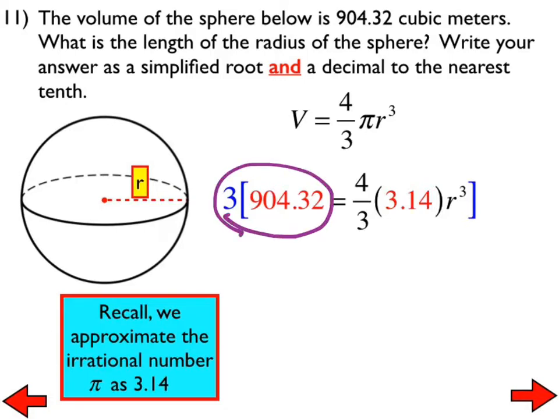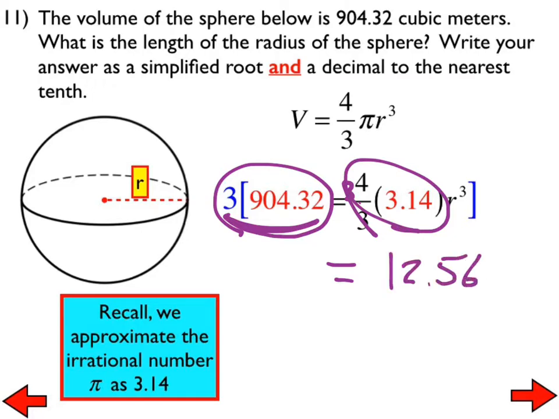And then when I multiply this side by 3, I no longer have the denominator there. So I'm going to have 3 times 904.32 equals, and then 4 times 3.14, which happens to be 12.56 r cubed. Okay, can somebody quickly do 904.32 times 3?